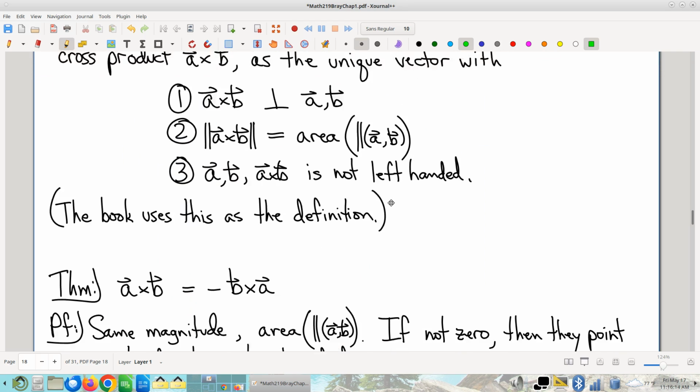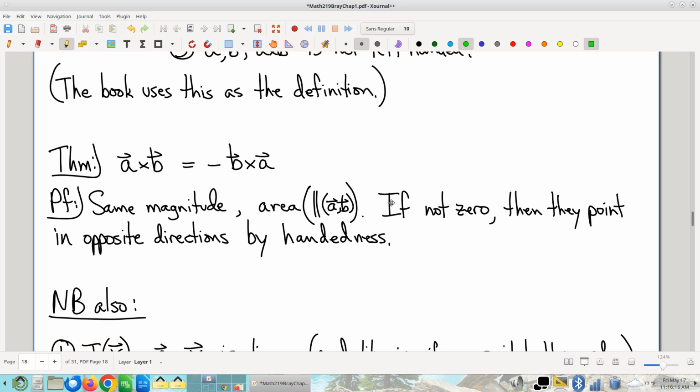All right. So this gives us another cool fact, and that is right here, that the cross product is not commutative. It's a little bit of an unfortunate aspect of cross products. We call it a product. Product sounds like multiplication. Multiplication's commutative.